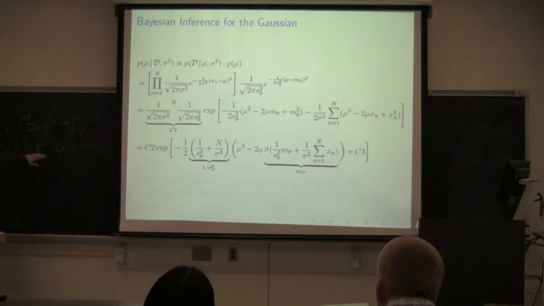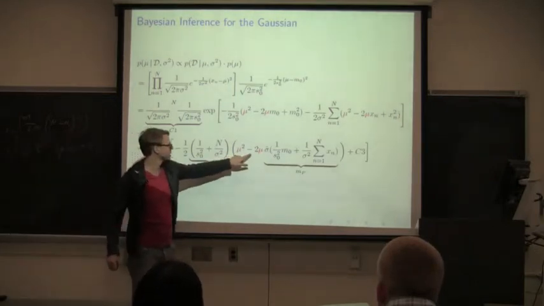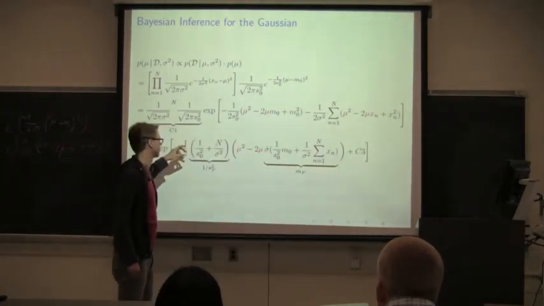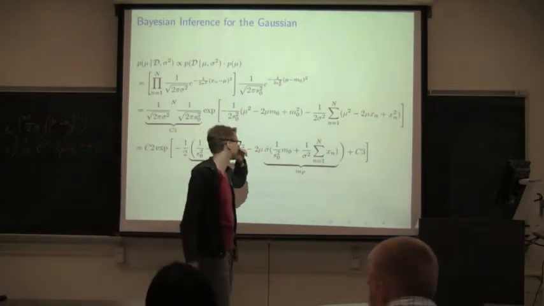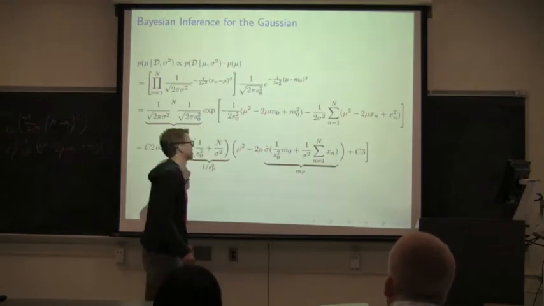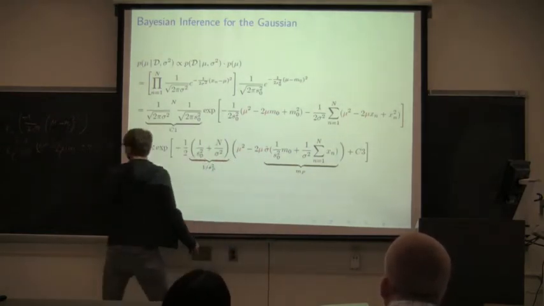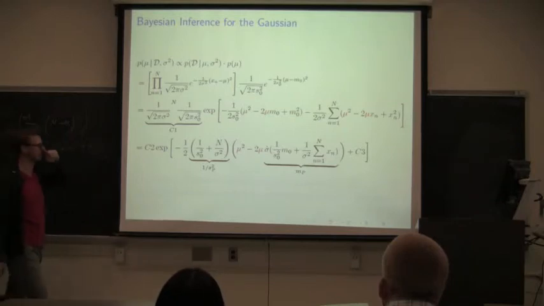From this form, if we bring it into this form, then we can just read off the mean. I mean, this already does not normalize the whole distribution, and the whole bit here does not depend on mu. You can read off what the mean of the Gaussian is, because in the Gaussian we have 2 times mu, the variable of interest, times its mean.